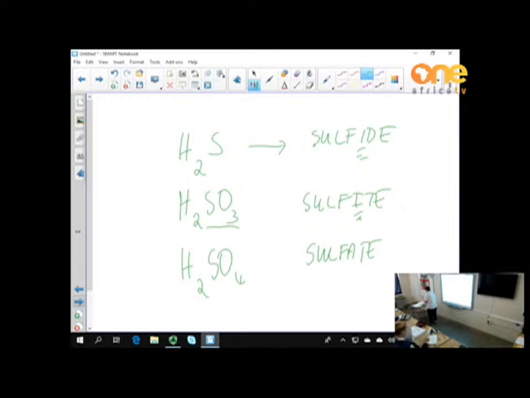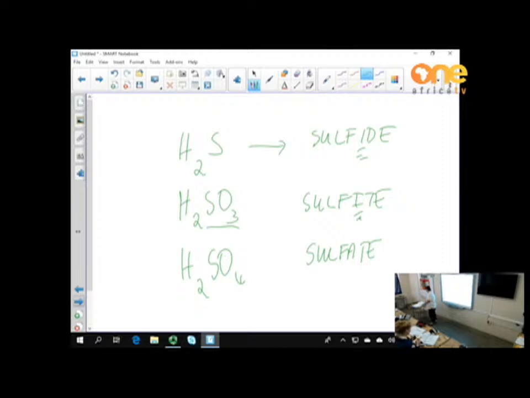Right at the bottom of page 79, there are some oxides of elements which are neither acidic nor basic. If they dissolve in water, they do not affect the pH. If they don't dissolve in water, we won't bother with them because we work with watery mediums. These are called neutral oxides. The most common one is water itself.